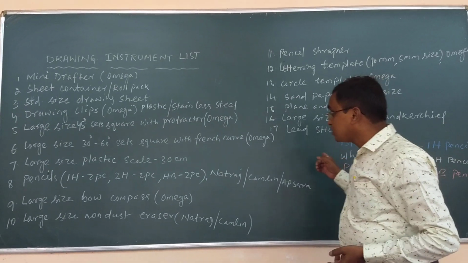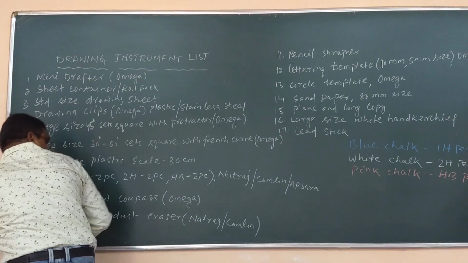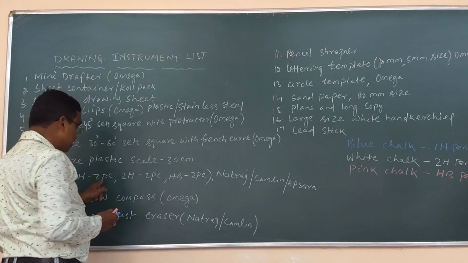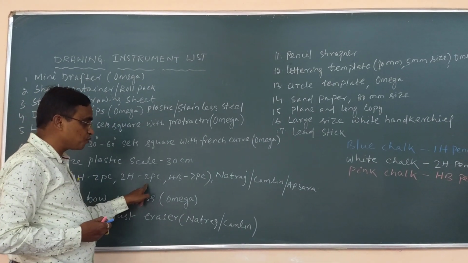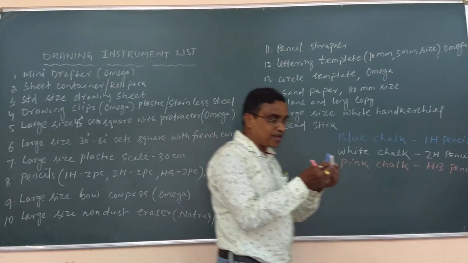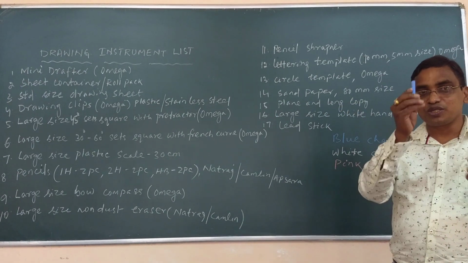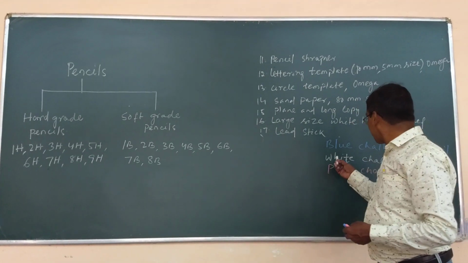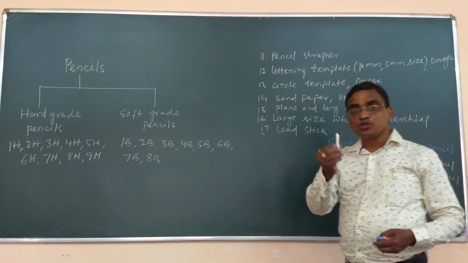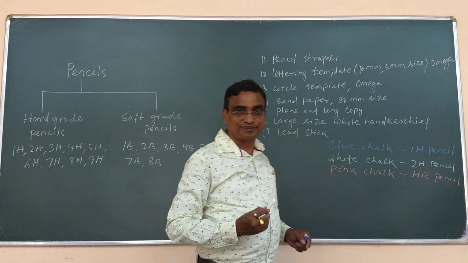Next, just to mark, I already told you 3 pencils. 1H pencil 2 piece, 2H pencil 2 piece, and HB pencil 2 piece. I use my 3 different pencils. Where I use blue, second one is where I use white chalk, you use your 2H pencil.